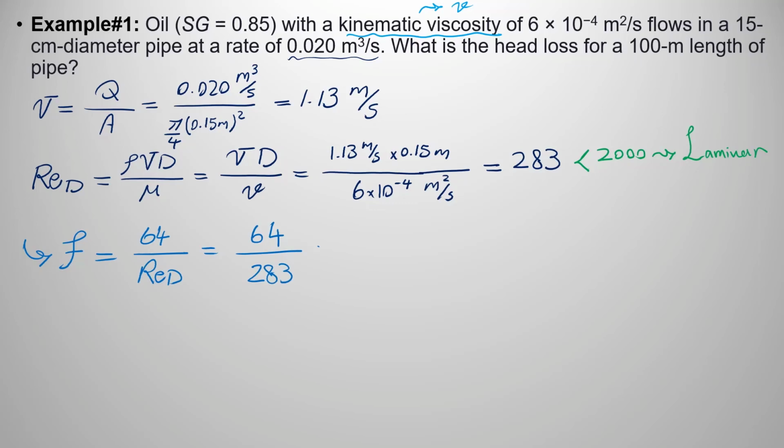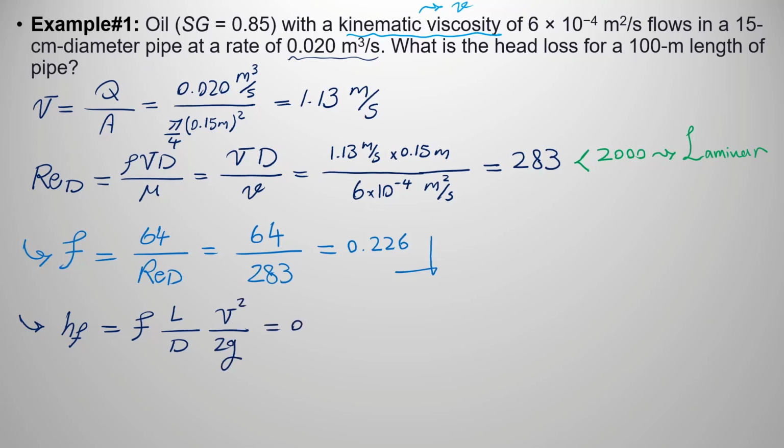F, or friction factor, would be equal to 0.226. All right, I have the friction factor. I need to put it in Darcy-Weisbach equation. And Darcy-Weisbach equation can be written as H sub F, or head loss, is equal to F L divided by diameter times velocity squared divided by 2g.